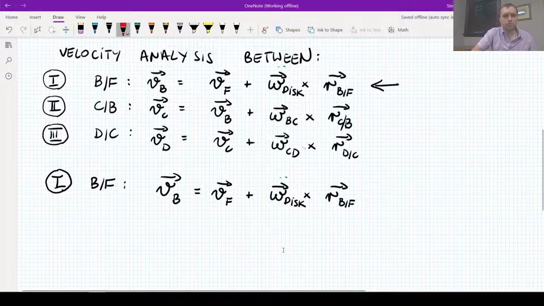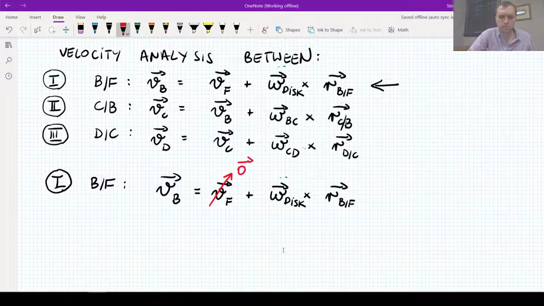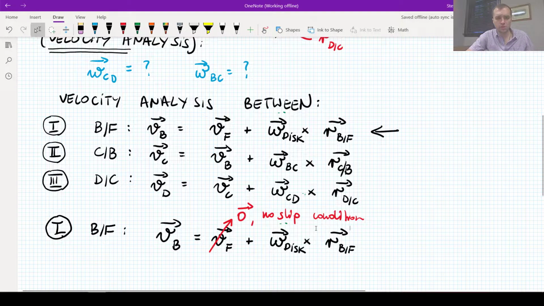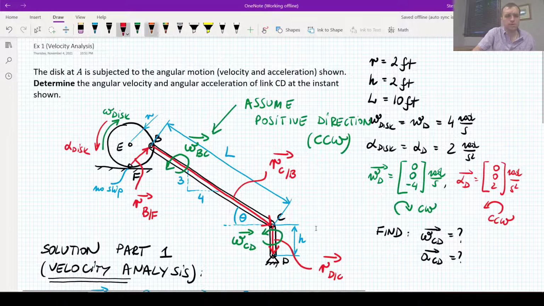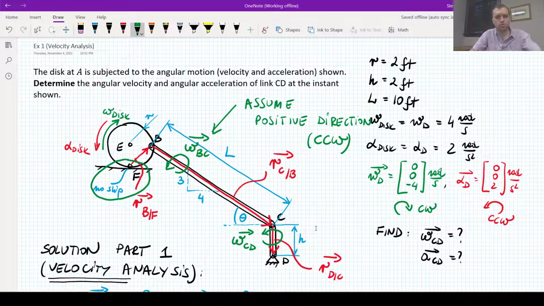First of all, you can observe that VF is zero vector, due to no slip condition. Let me scroll up the board. Yes, you can clearly see that our point F, that the velocity at point F is zero, due to no slip condition.